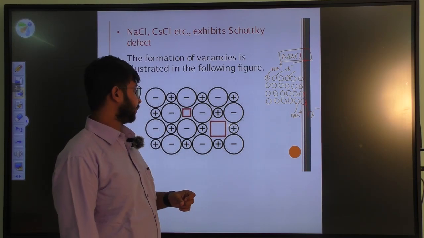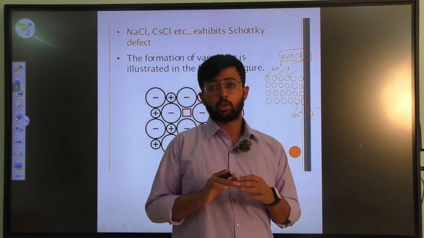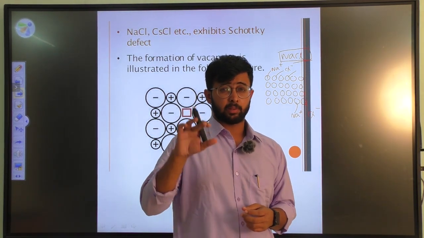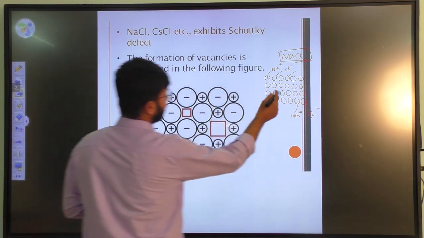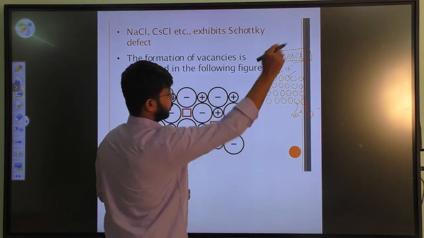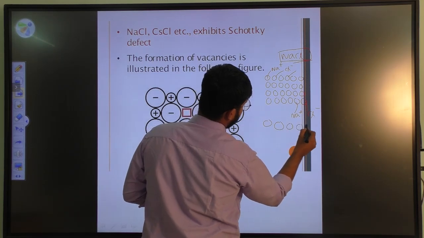Due to this defect, the total stability of the crystal structure is neither less nor high, because one cation and one anion are missing from the crystal. After the Schottky defect, the structure will look like this.